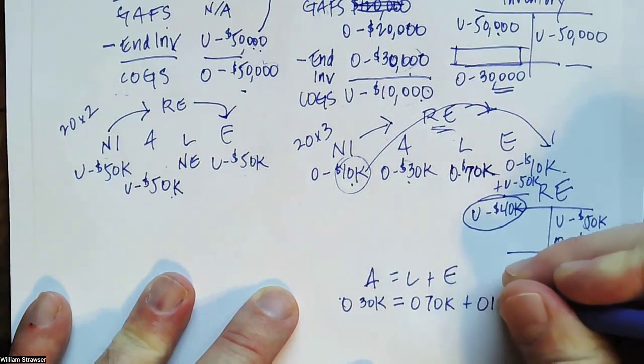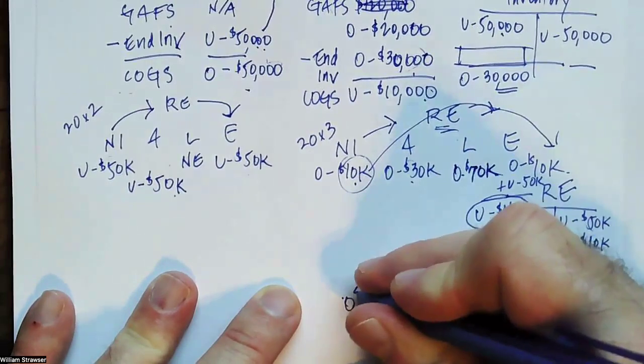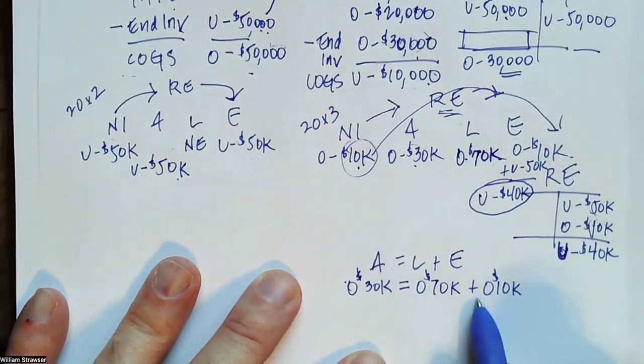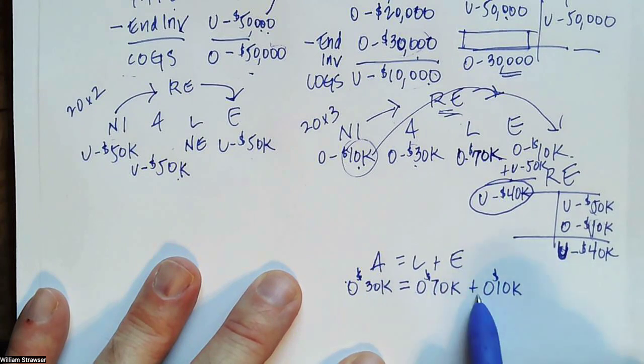And if we stopped at the first part, this doesn't work, right? This would be an overstatement of 30 equals an overstatement of 80.